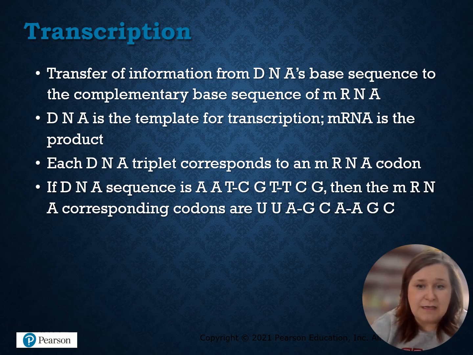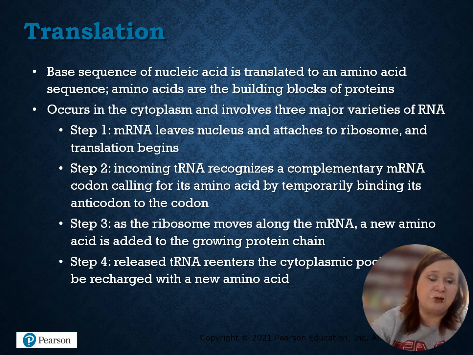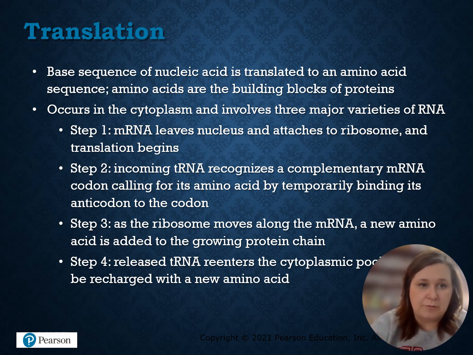For instance, if the DNA sequence is AATCGTTCG, then the mRNA corresponding codons are going to be UUA, GC, AA, GC, right? We know that 3 of them are going to correspond to a very specific amino acid. So when you start building up 3 and 3 and 3 and 3, then you end up with a recipe for a protein.